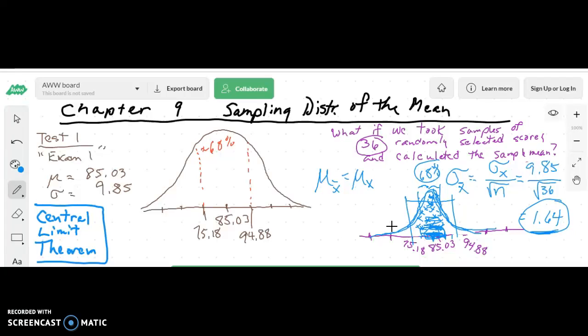So that's what the central limit theorem is. These are the key formulas you need. And for this chapter, I highly recommend you read the chapter without worrying about the math of it and understand the concept that we're making a shift now from looking at individual test scores to looking at the characteristics of the averages of samples of those test scores, because this is what we're going to need for the second half of the course.